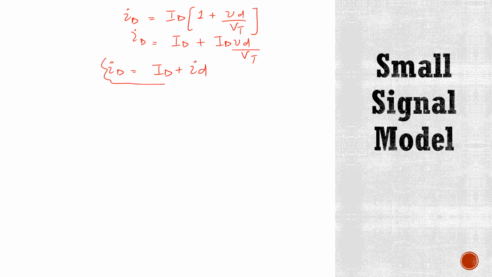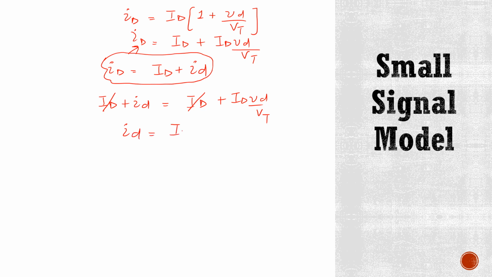So if we substitute this value of instantaneous current in this equation, we'll get an equation like this. Now this ID is going to cancel this ID, so this time varying current will be equal to DC current ID times vd divided by Vt.